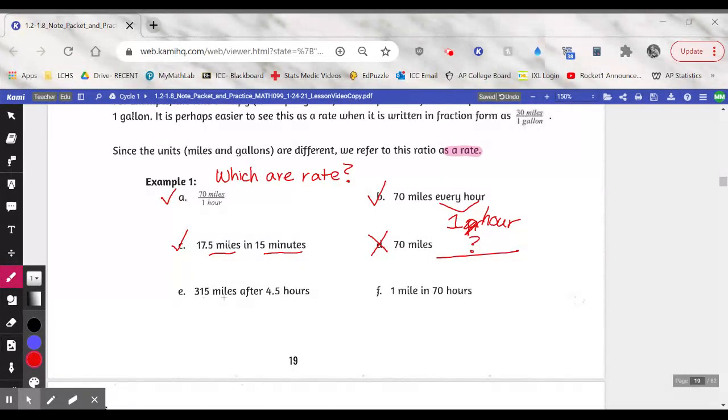For E, 315 miles after 4.5 hours. So we're comparing this one to this one. So that one works. And for F, 1 mile in 70 hours. So we're comparing miles to hours. So all of them work except for D.